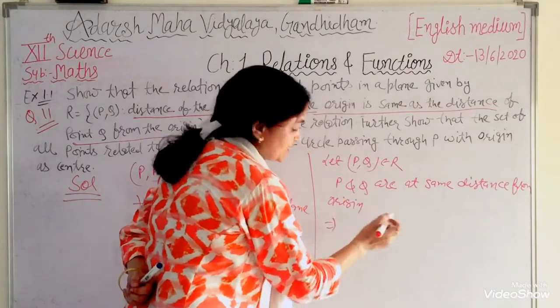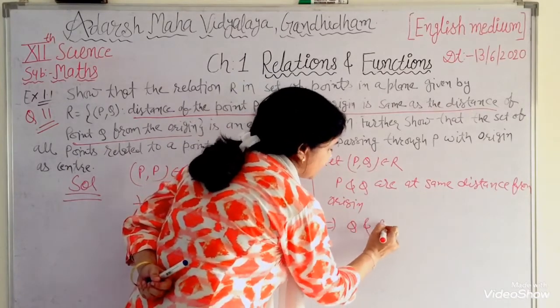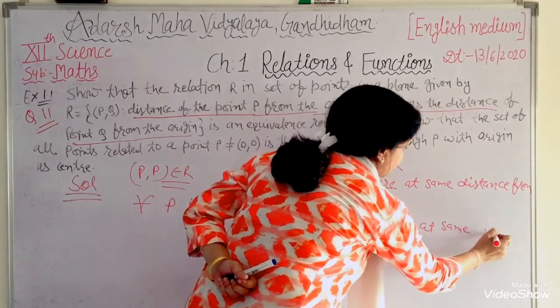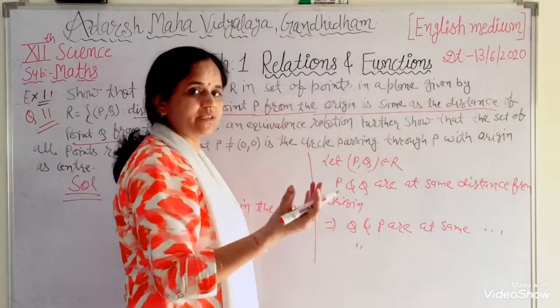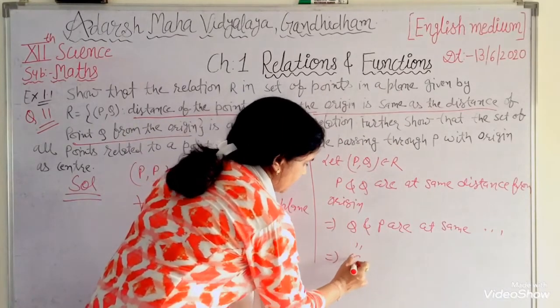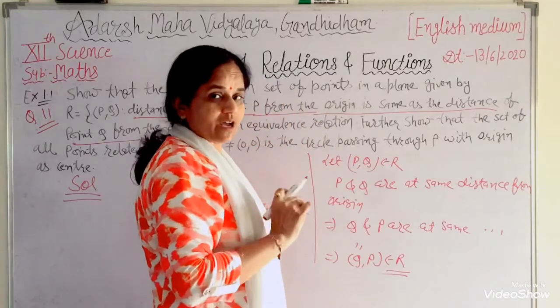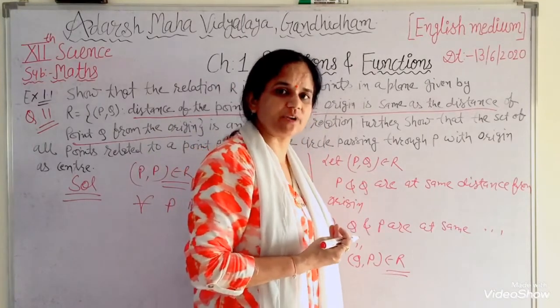It's clear, students, that Q and P are also at the same distance from the origin. That implies (Q, P) belongs to R. So R is a symmetric relation, student.